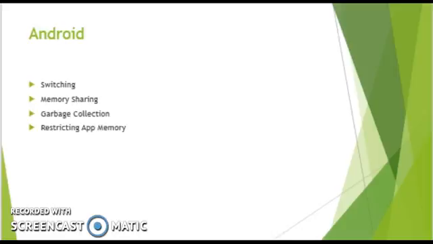So we'll introduce the switching of apps. When users switch between apps, Android keeps the apps that are not foreground, that is not visible to users, or running a foreground service like music playback, in a least recently used cache.